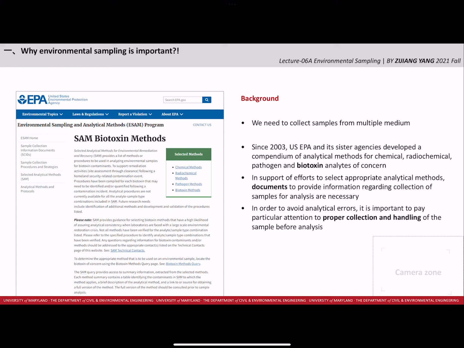Then let's look at some more background. As I mentioned before, we have 4 components, and to be more specific, they are called media.